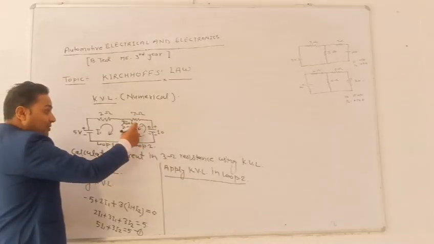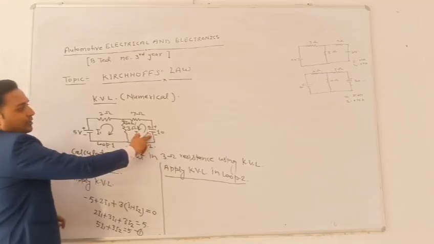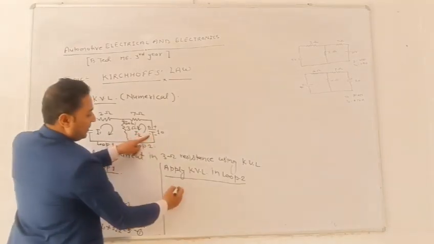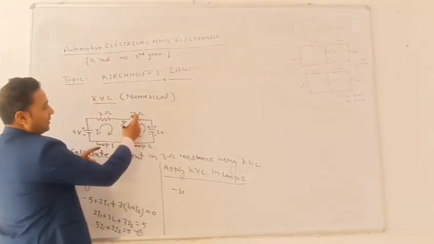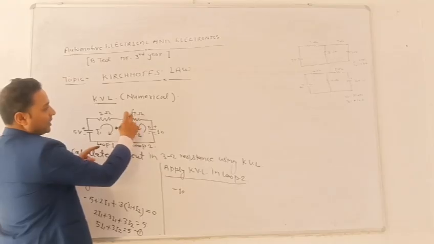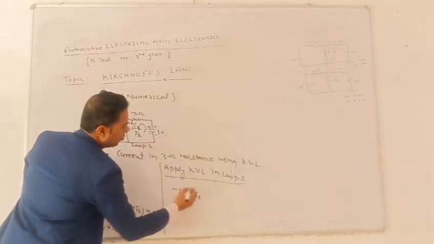So we check the direction of the current. Current enters firstly at the negative sign, so we take negative voltage 10. Then voltage drop across the 7 ohm resistance, plus 7I2.